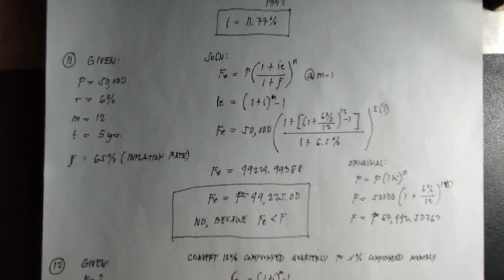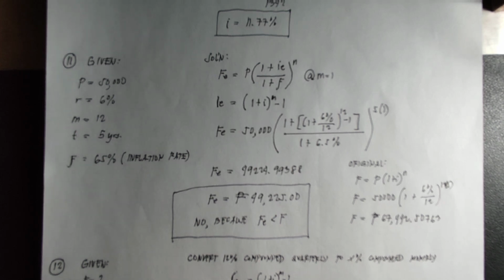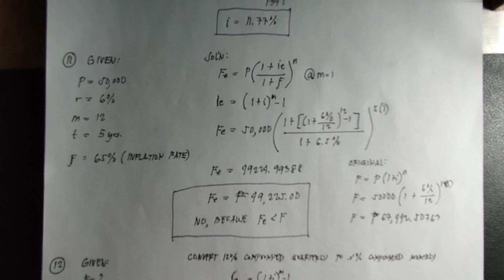Since we got all the values, we will substitute them. F sub E is equals to 50,000 multiplied to the quantity of 1 plus 6% over 12, all raised to 12 minus 1, all over 1 plus 6.5%, all raised to 5 times 1.